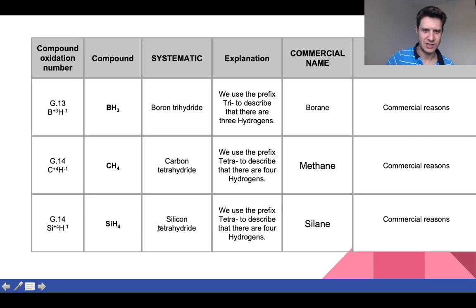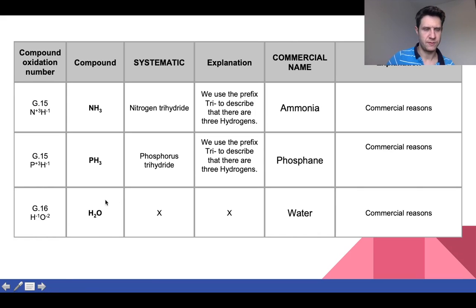Silicon tetrahydrate. Tetra here means that we have 4 hydrogens. Okay, and in the commercial name, we have silane, from silicon, and that's a commercial name. We have three more elements to finish with these groups.